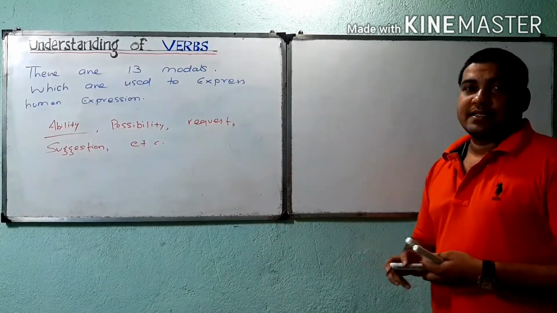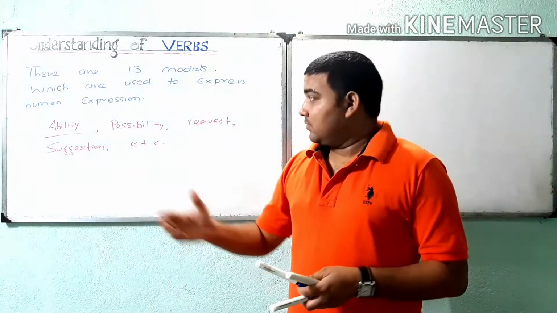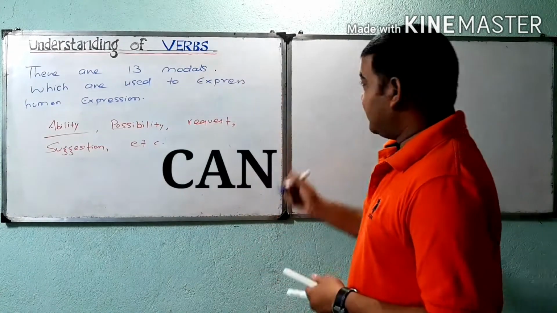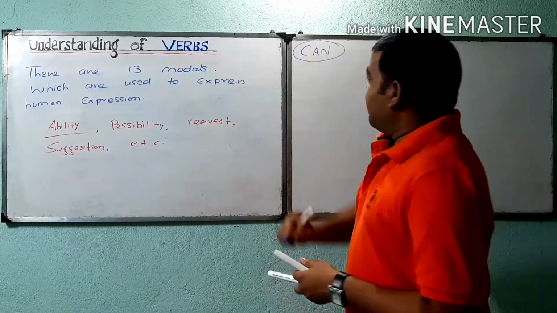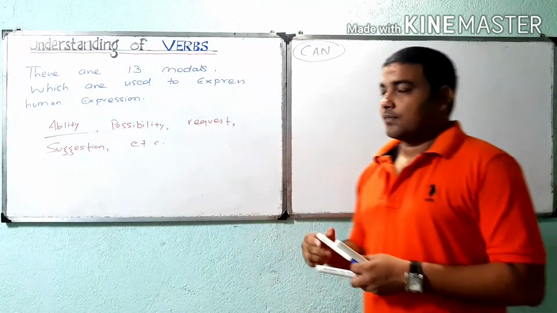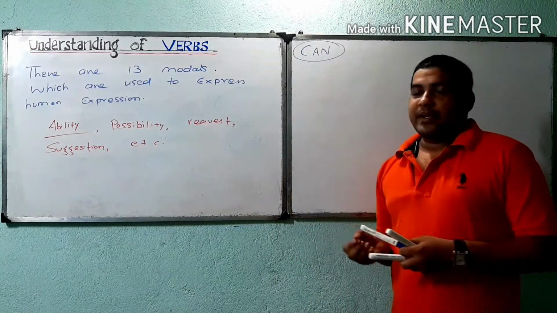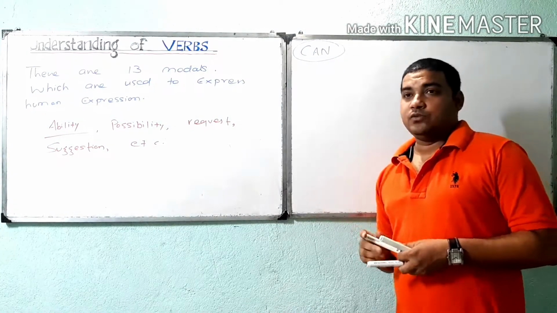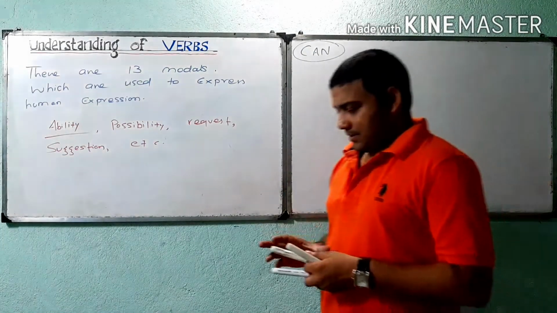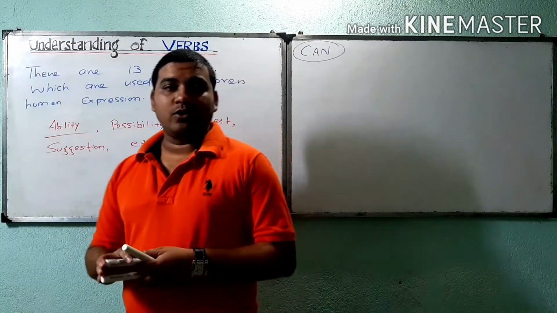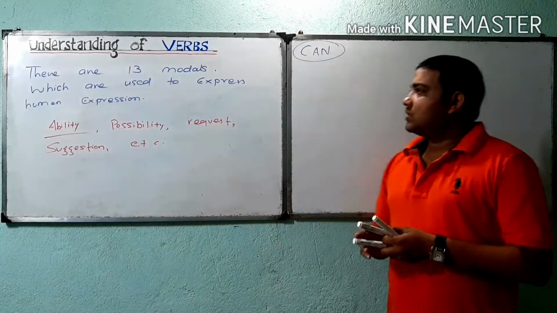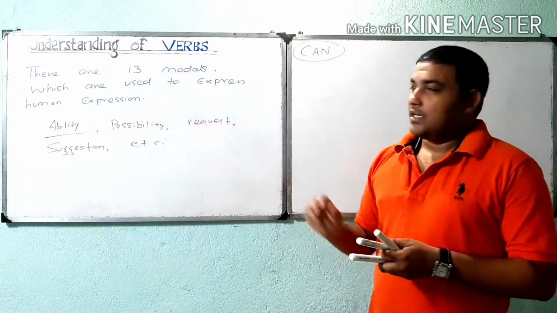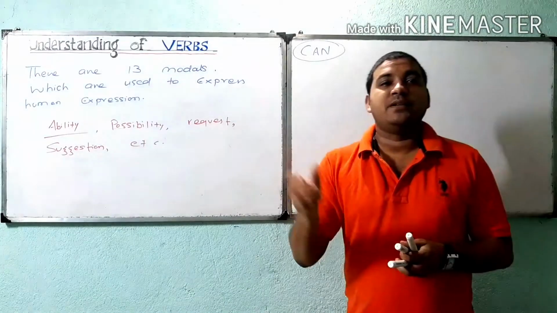Now, so far as the type of modals are concerned, one of the 13 is can. What is the main use of can? Let me tell you, all the modals are known for multiple uses. Like can, it has not a single use, it has multiple uses.